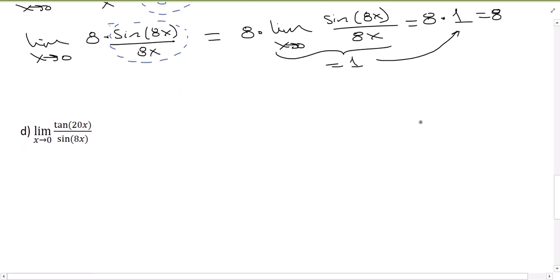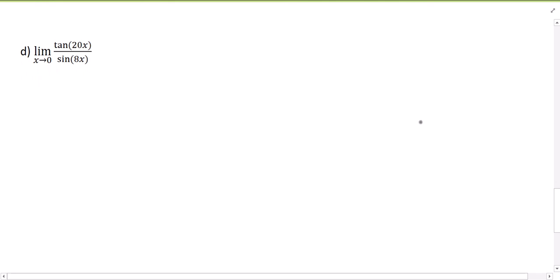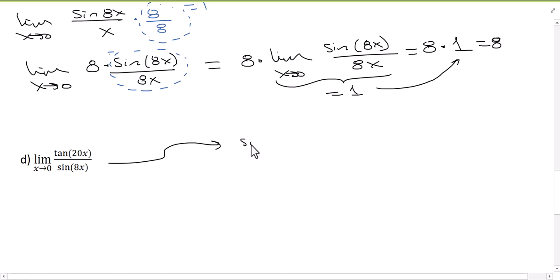Now our next example is a little more complicated. I have the limit as x goes to 0 of tangent of 20x over sine of 8x. So that looks a little different than just sine 8x over x, and also now my sine is on the bottom, but that's okay. Let me go on a side note here.